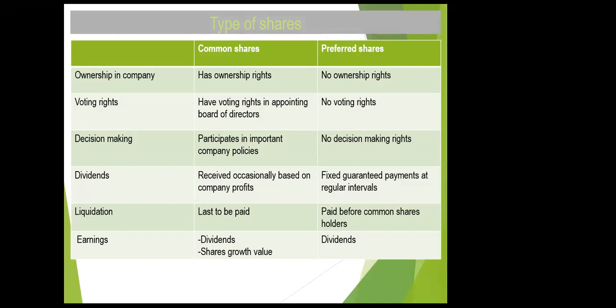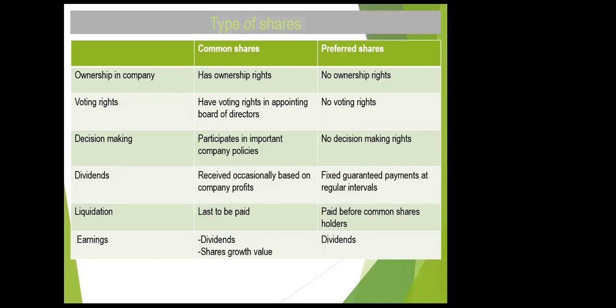Then preferred shares. These are for people who are just interested in the investment. They don't want to take part in whatever is happening in the company, as long as you give them their money. They have no voting rights and don't take part in decision making. However, there is a catch: in return for not taking part in decisions, they are given fixed guaranteed payments at regular intervals.